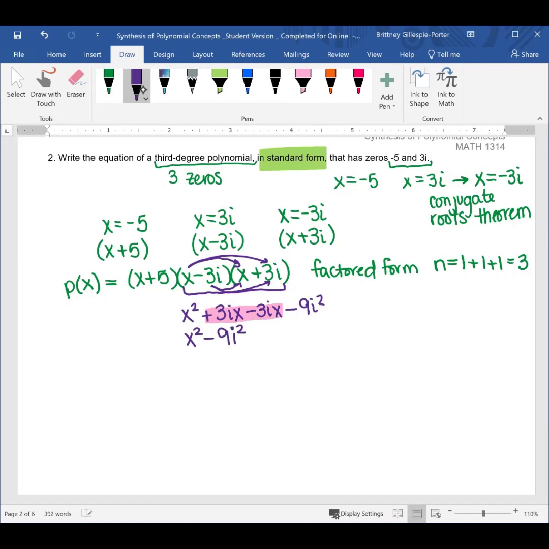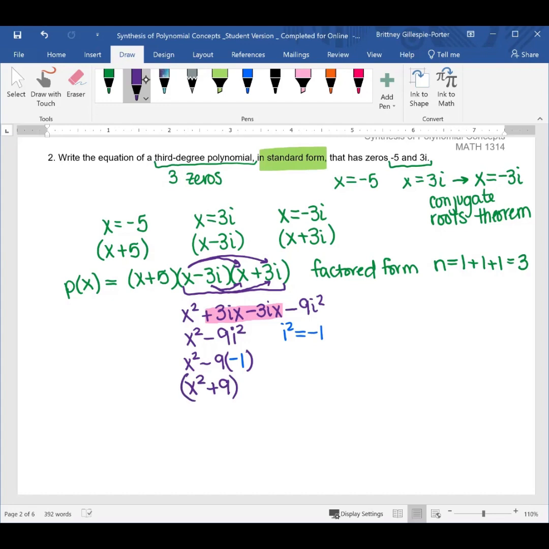But remember that i squared is equal to -1. You should never see an exponent on your i's. They can all be simplified, which means that we have x squared minus 9 times -1. And doing the multiplication, we get x squared plus 9.